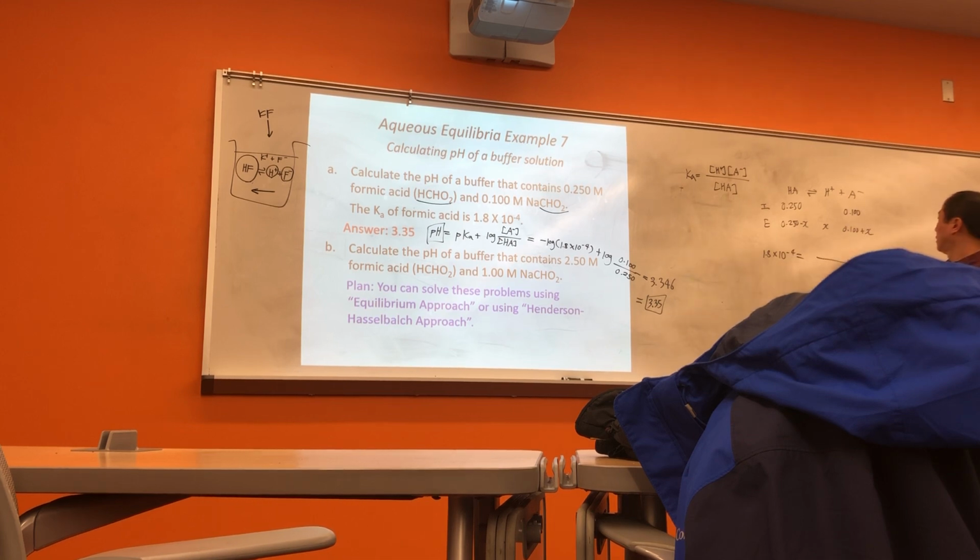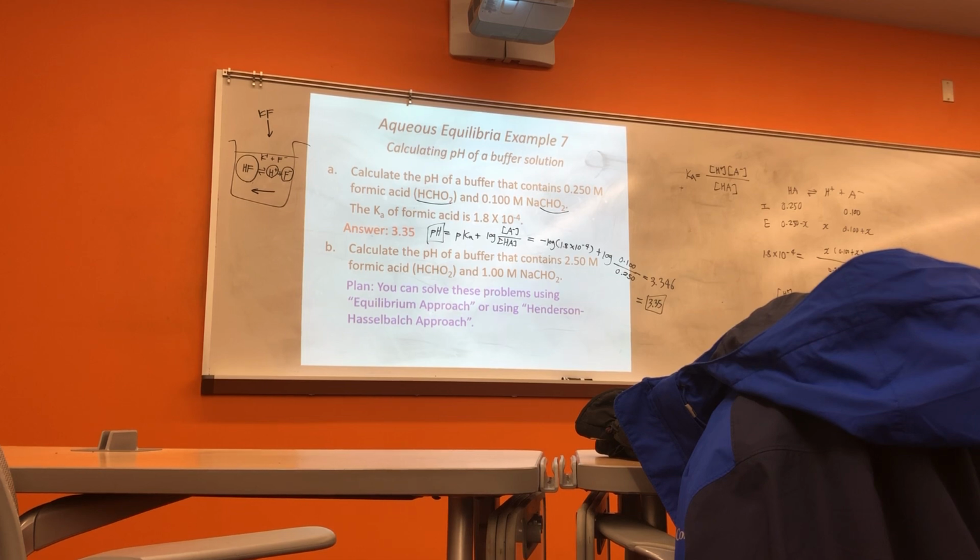And here, as an approximation, you have X. So my X, the H plus, is 1.8 times 10 to the minus 4 times 0.250 over 0.100. The pH will be the negative logarithm of this number.